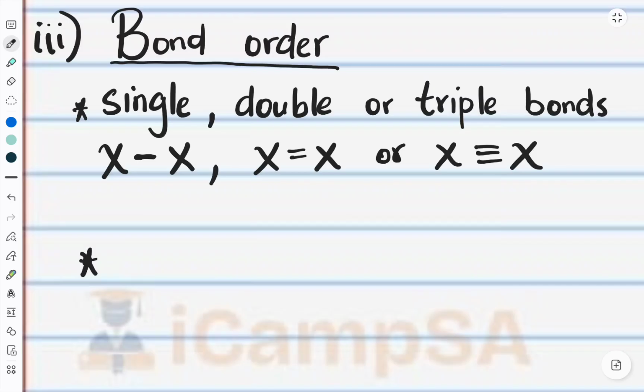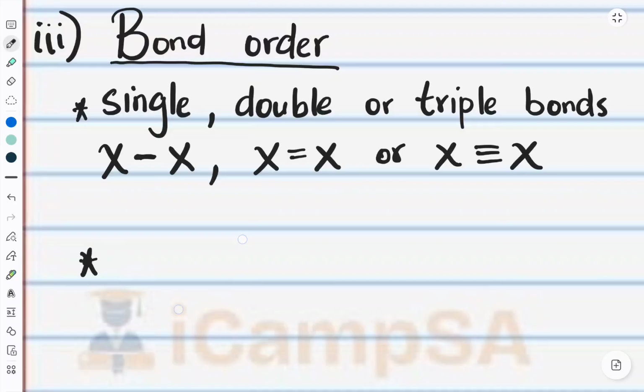So the higher the bond order, the stronger the bond, therefore the more energy needed to break that bond. Alternatively, the higher the bond order, the stronger the bond, and then the shorter the bond length.